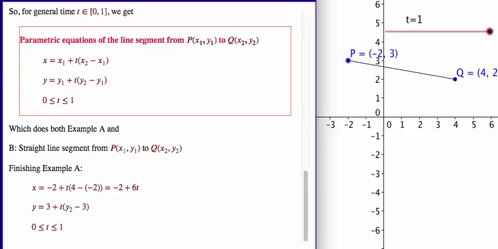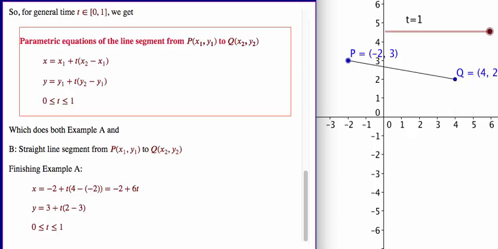Okay, and then simplify that. So that equals 3 plus 1 times t. Actually, negative 1 times t. What am I saying? Minus t. End of story. We have now parametrized example A. And t goes from 0 to 1.